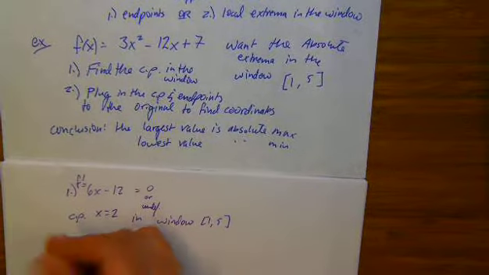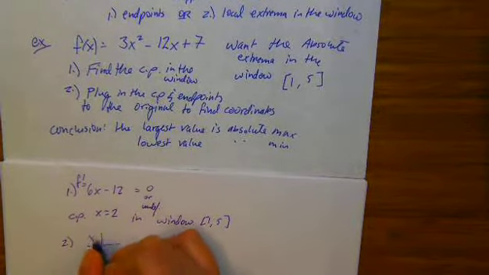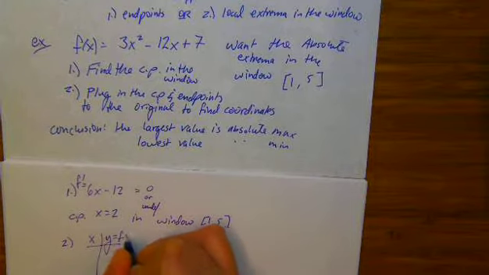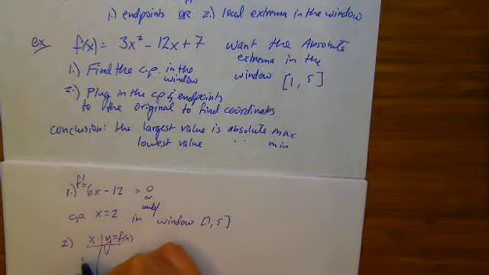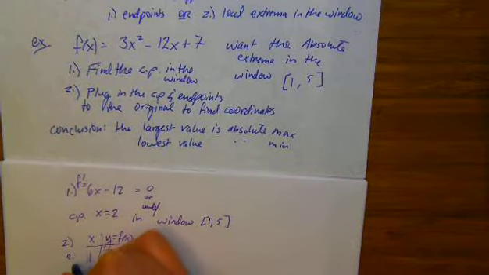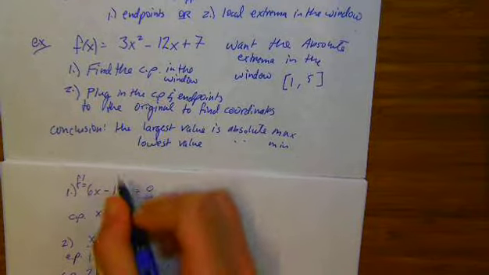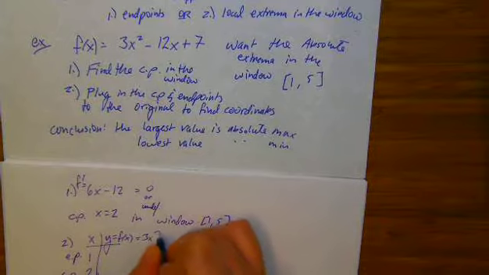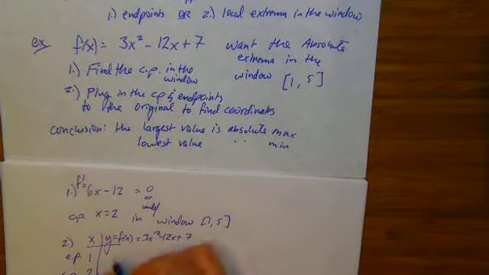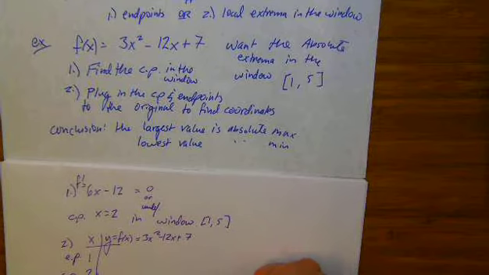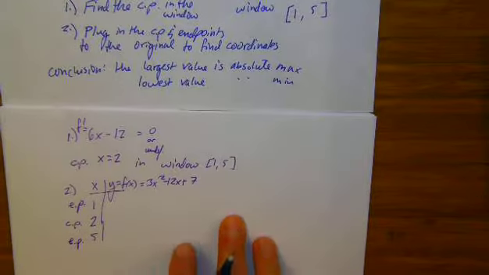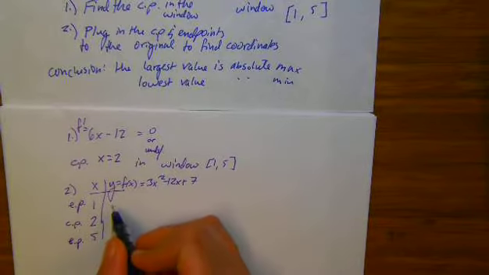And so the second step is compare the x and y values. I have my endpoint, I have my critical point, and I have another endpoint. I'll plug them into the original, get the y values for each one, and then I'll see which gave me the biggest and which gave me the smallest, and then I make my conclusion from there. This one you get minus 2?